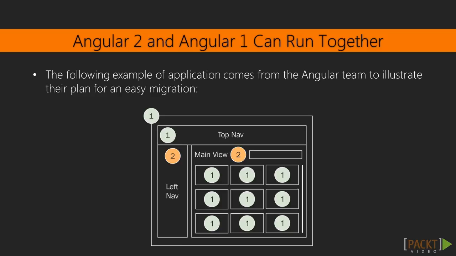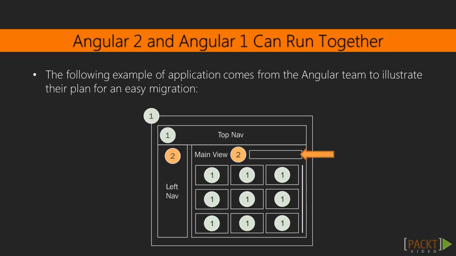Here is an example from the Angular team to illustrate how you can go about the migration process. Here we have an Angular 1 application and decide to get our feet wet by migrating the left navigation bar, as the task seems to be easy enough.